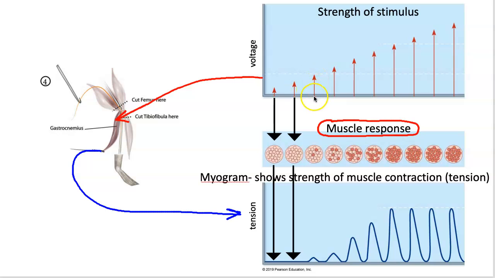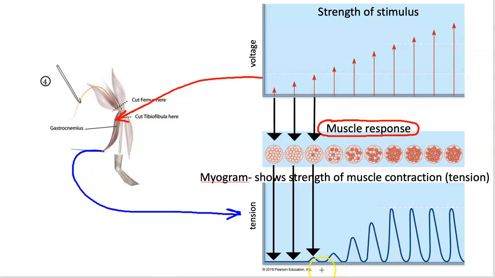Dial the voltage up, and this time what we're seeing is that when we turn the voltage up slightly, the muscle did respond. I can see some cells that are drawn more darkly in the muscle that are responding. And when I look at the graph, I can see that some tension was developed.